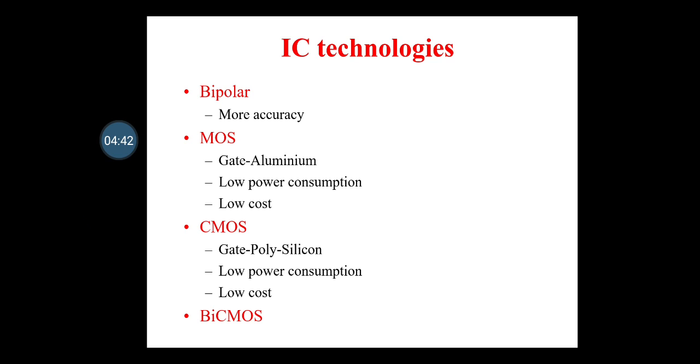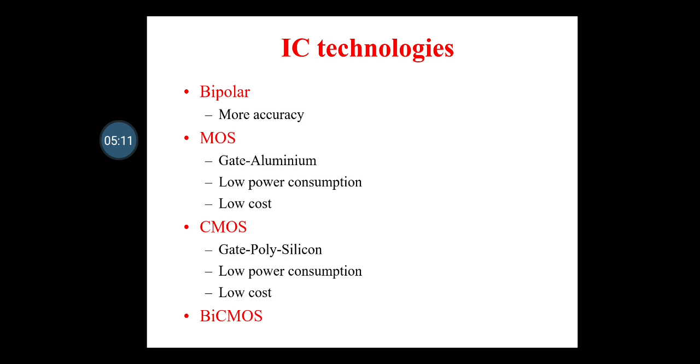That means the logic gates will be formed using bipolar technology, or BJTs, bipolar junction transistors. So this is one sort of IC technology, if BJT is used inside the IC for manufacturing of the logic gates. Else if MOSFETs are used, then it is MOS technology. So in these ICs, the different gates will be formed using MOSFETs.